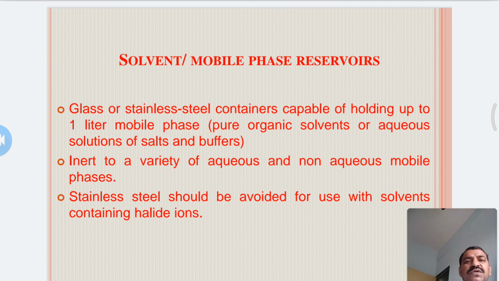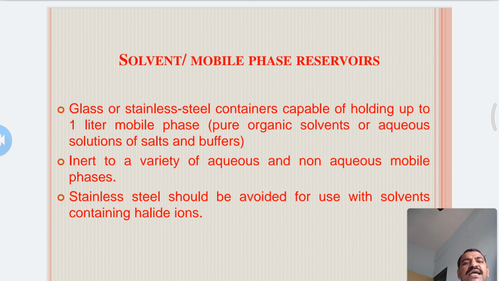The reservoir is made from glass or stainless steel, and the capacity is about 1 liter. Two varieties of mobile phase, aqueous and non-aqueous, are stored.